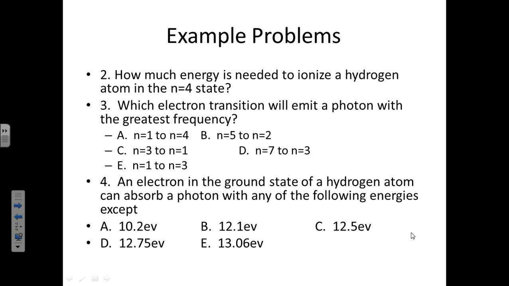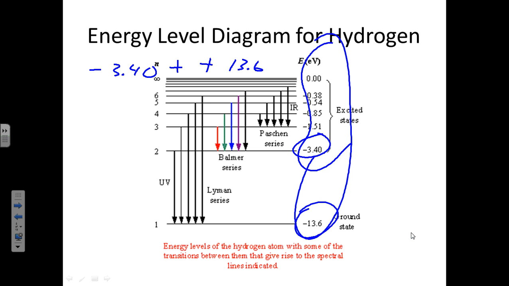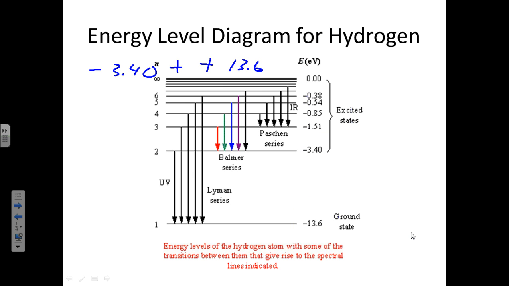All right, 4. An electron in the ground state of a hydrogen atom can absorb a photon with any of the following energies. Well, let's look. That's one we are going to have to calculate. Let me get some of the writing out of the way so we can see what we're doing better. So if it was going to go from here to here, what we're going to do is basically subtract the difference there, right?